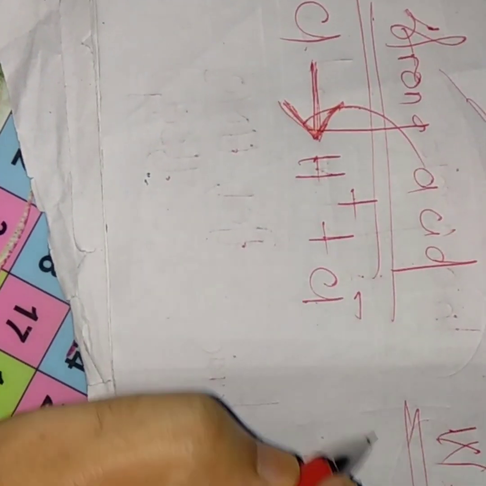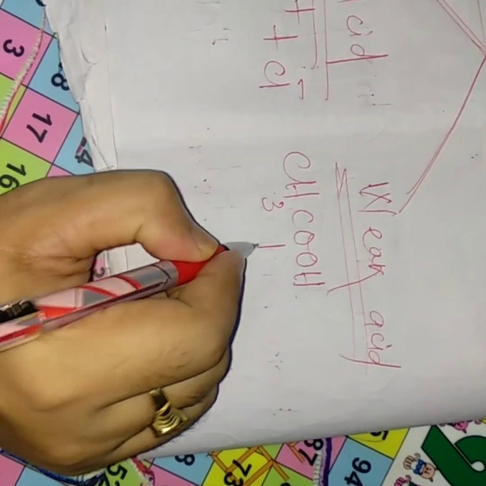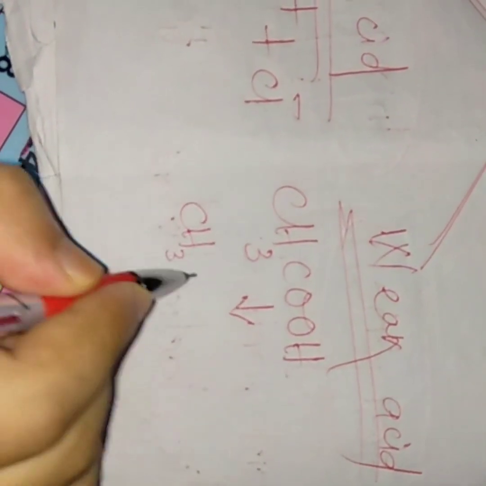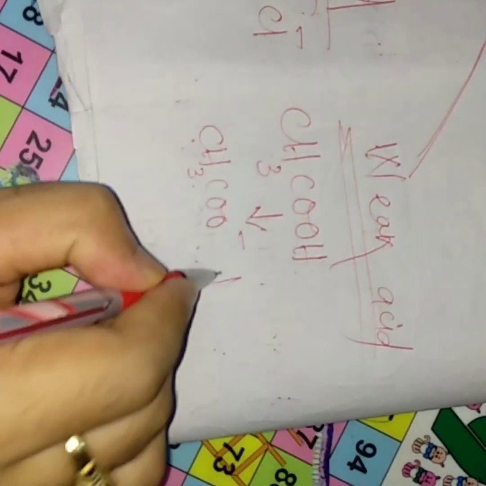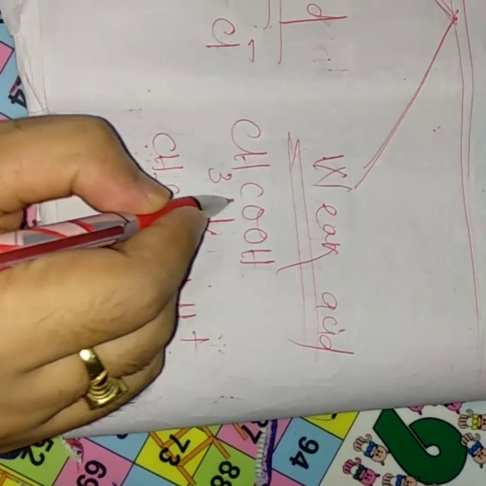But in case of acetic acid, CH3COOH, when you are adding a few drops of acetic acid in water, then it dissociates into CH3COO negative plus H positive, and here you will see two arrow marks.